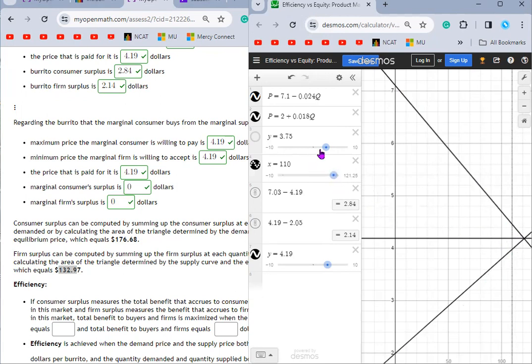And efficiency, a market is efficient when that's maximized, when this area is maximized, and that occurs at 121.25. So at 121.25, this trapezoid is turned into a triangle, and this trapezoid is turned into a triangle, right? So the market is efficient when the quantity is equal, in my case, to 121.25, where the demand meets supply.